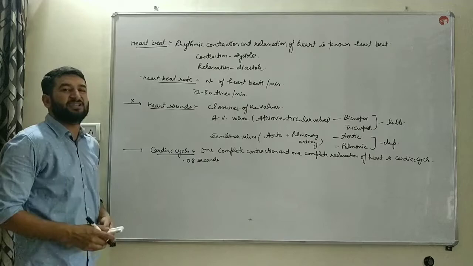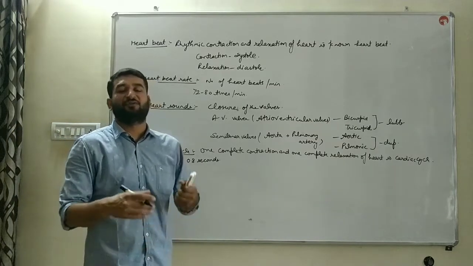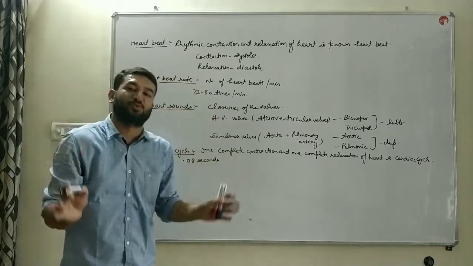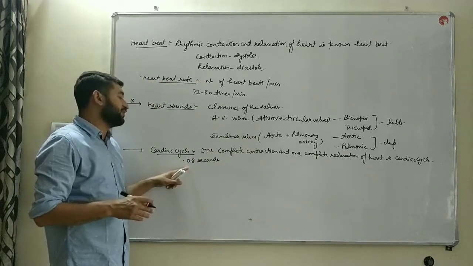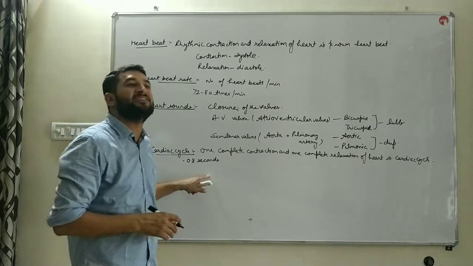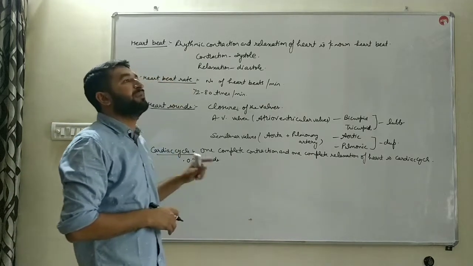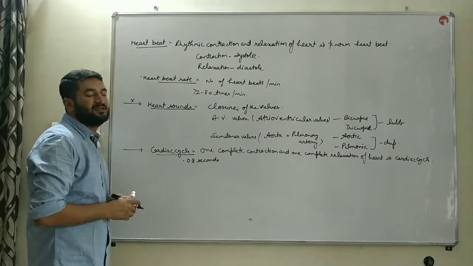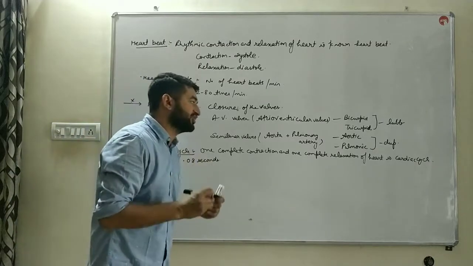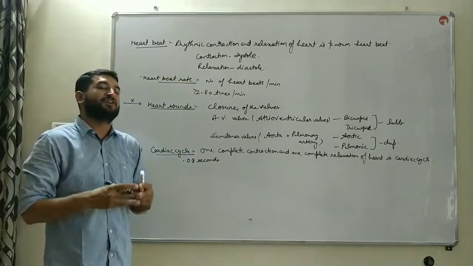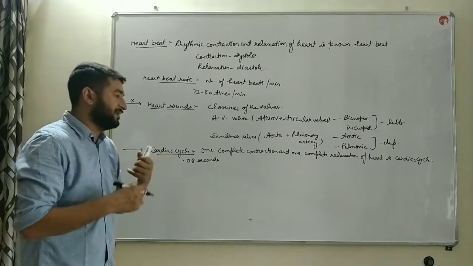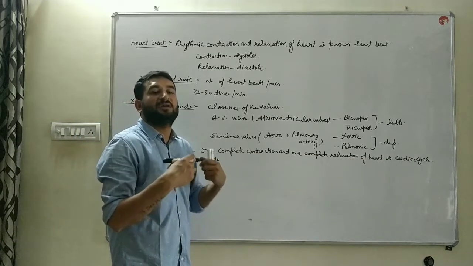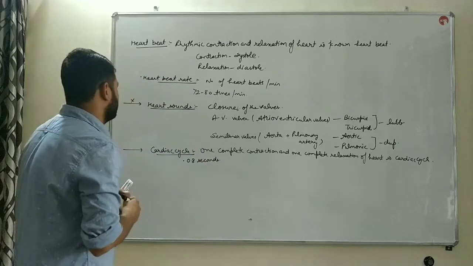It has three phases, bache: atrial systole, then ventricular systole, and then complete diastole, which is further divided into parts. When those three parts combine together, it will take 0.8 seconds. And this complete cycle is known as cardiac cycle. So one complete contraction and relaxation of the heart is known as one complete cardiac cycle. It remains for 0.8 seconds.